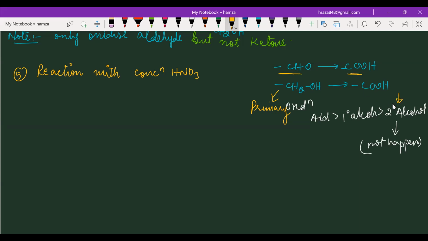It cannot oxidize secondary alcohol or tertiary alcohol. So if I ask how many primary, secondary, tertiary alcohols are present in this compound, can anyone answer?